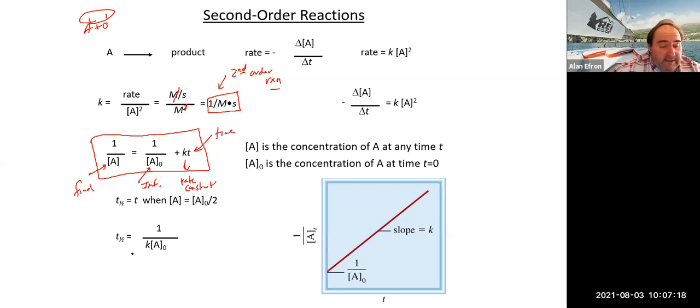In addition, we also see a very different half-life equation. The half-life for second order is 1 over the rate constant times the initial concentration. What does that mean? Unlike first order, where it's natural log of 2 divided by k, the half-life of a second order reaction is dependent on the initial concentration.